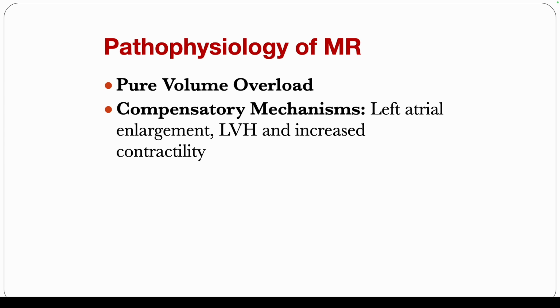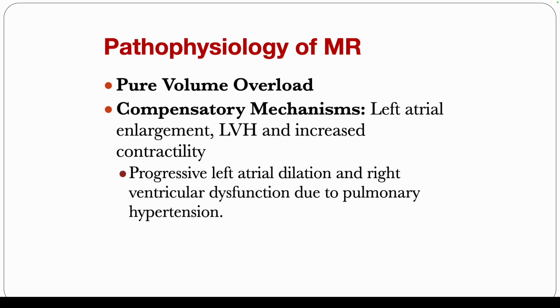So the left atrium is now receiving blood from both sources. It's getting blood from the left ventricle, and the blood is coming downstream from the pulmonary arteries. So LA has very high volume, and this high volume is shifted into the LV as well. So LV enlarges, and there is increased force of contraction.